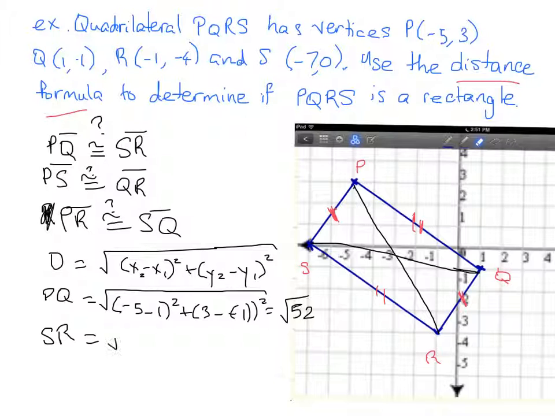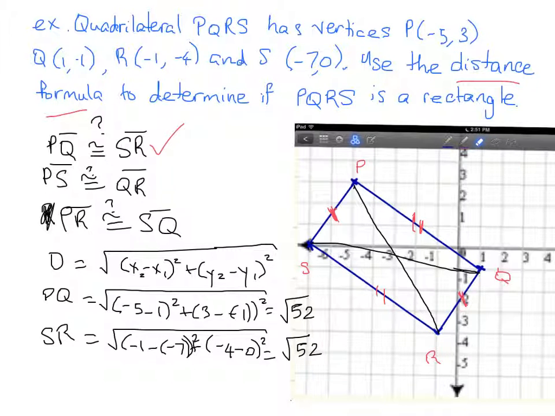So SR is equal to negative 1 minus negative 7 squared plus negative 4 minus 0 squared, and that does in fact give you root 52. So our first condition is true. We no longer are questioning whether PQ is congruent to SR. We are now sure.